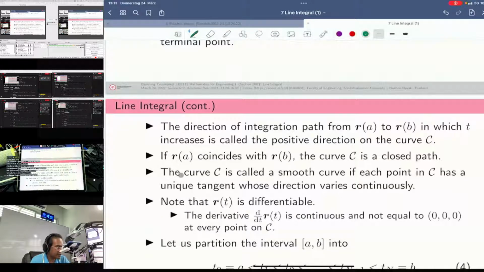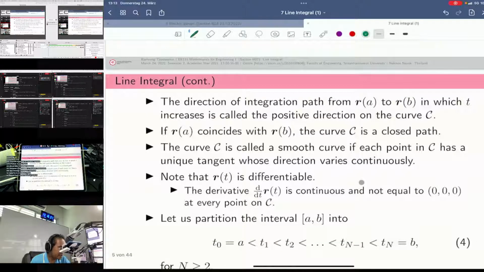If the curve C is smooth, the tangent should vary smoothly. If r(t) is differentiable, the derivative dr/dt is continuous and not equal to 0, so it should not be 0 at any point on the curve C.